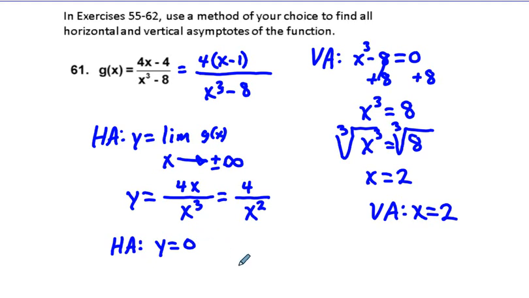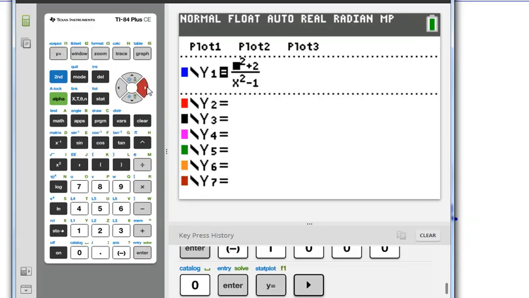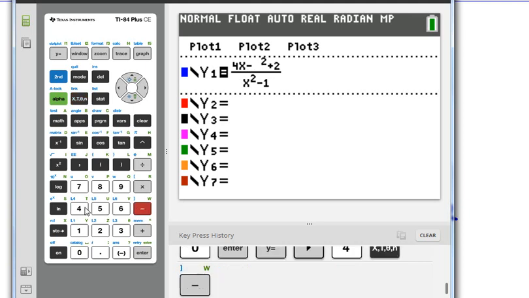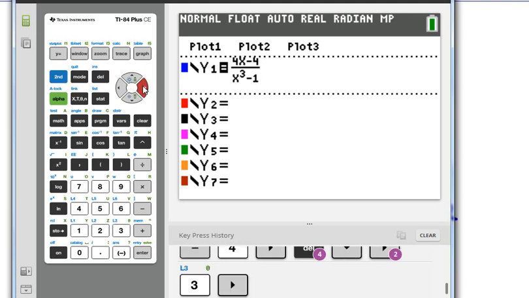And now we're going to check in the calculator. We have 4x minus 4 over x cubed minus 8.